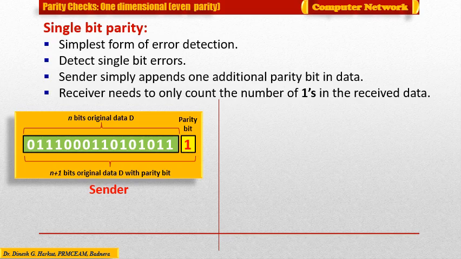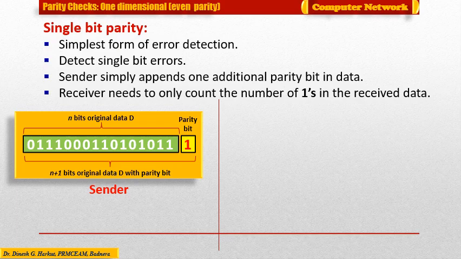We need to simply calculate the total number of ones, that is 1, 2, 3, 4, 5, 6, 7, 8, 9 and 10. In case of even parity scheme, the sender simply includes one additional bit, known as the parity bit, and chooses its value such that the total number of ones in the data including the parity bit must be even.